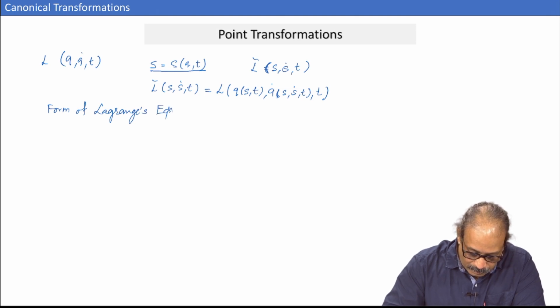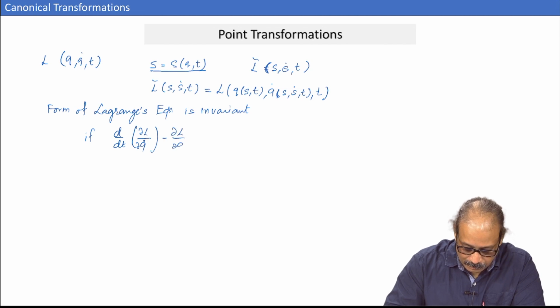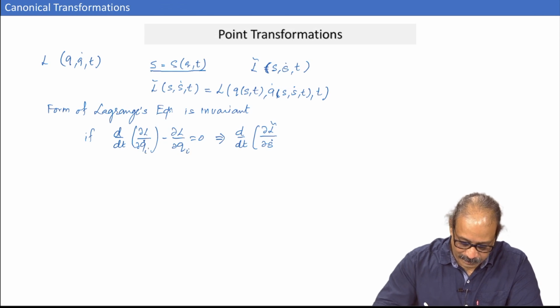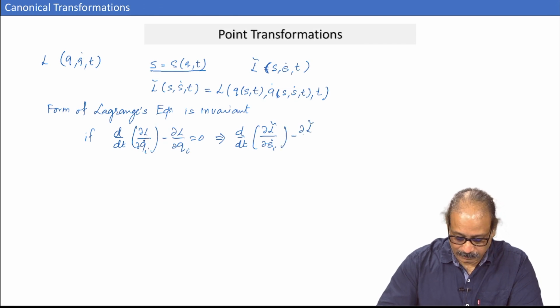What that means is, if the original Lagrange's equation, d by dt of partial L with respect to q dot minus partial L with respect to q, if this is equal to 0, then this necessarily implies that d by dt of partial of L tilde with respect to s dot, I should of course put the index there too, so s i, minus partial L tilde with respect to s i is equal to 0.